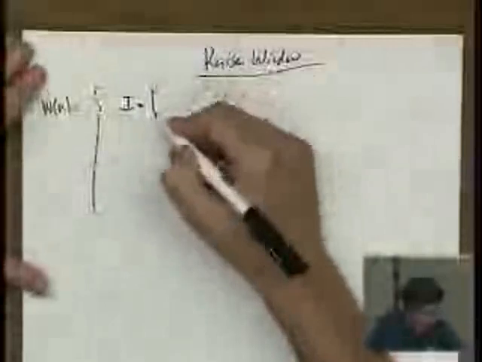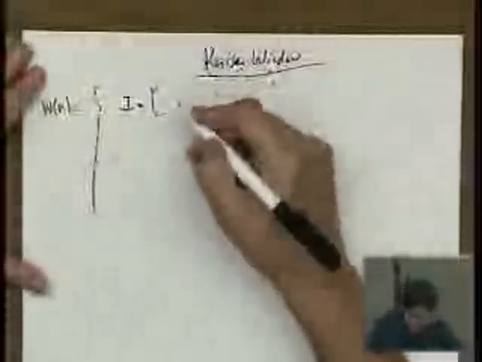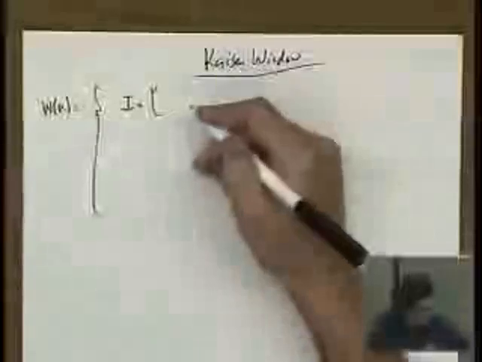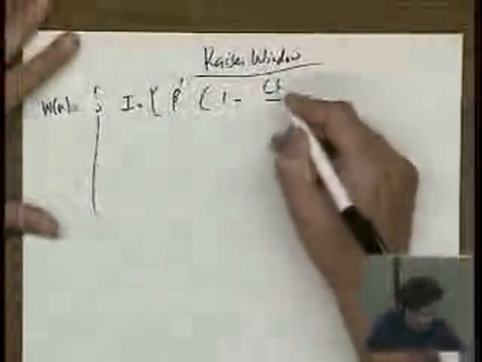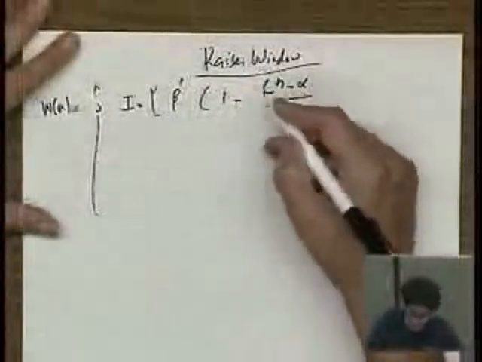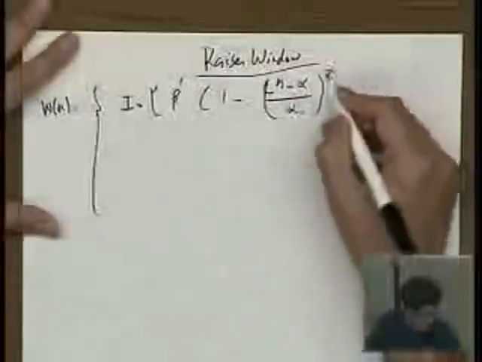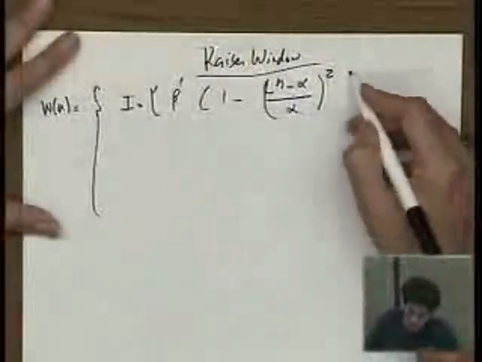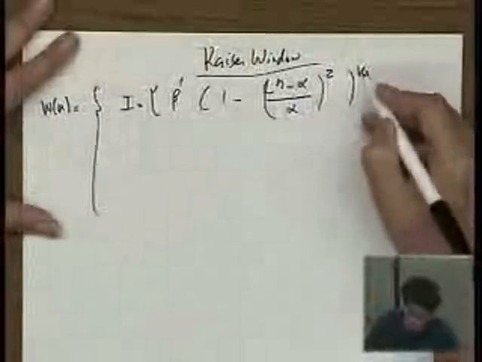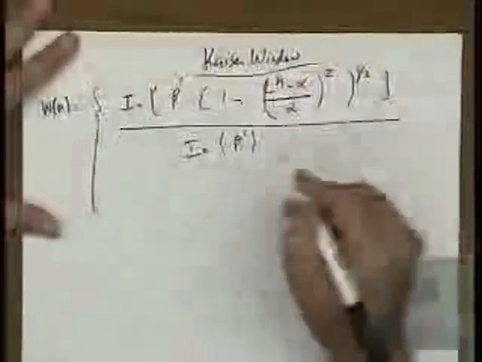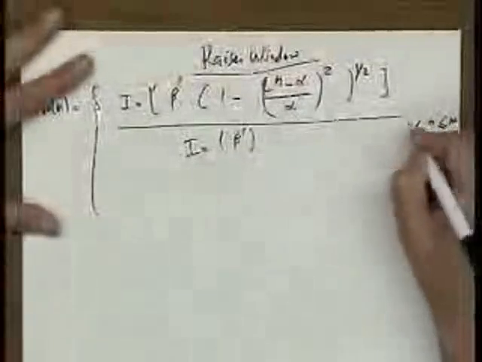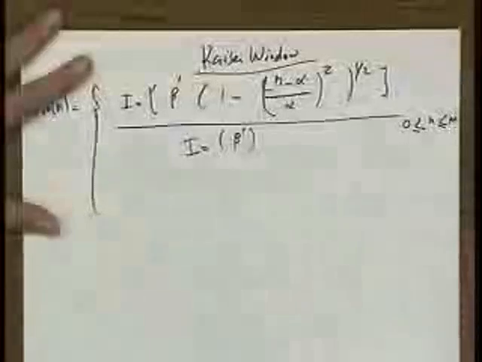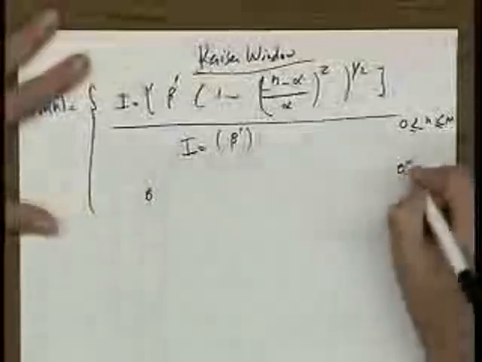So it's I naught of beta prime of 1 minus ((n minus alpha) over alpha) squared, and then this whole thing to the power of 1/2, over I naught of beta prime, where n is between 0 and M, and the duration of the filter is obviously M plus 1, and it's 0 otherwise.